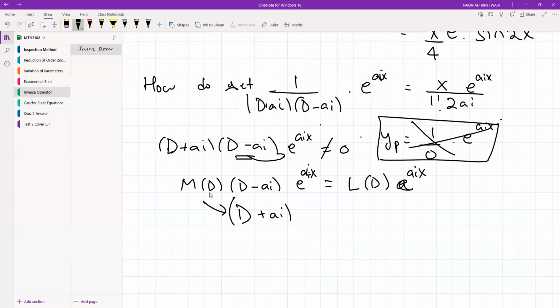Okay, so kalau saya evaluate M of D at AI, yang ini bukan sub, dia adalah multiplication, saya akan dapat 2 AI.